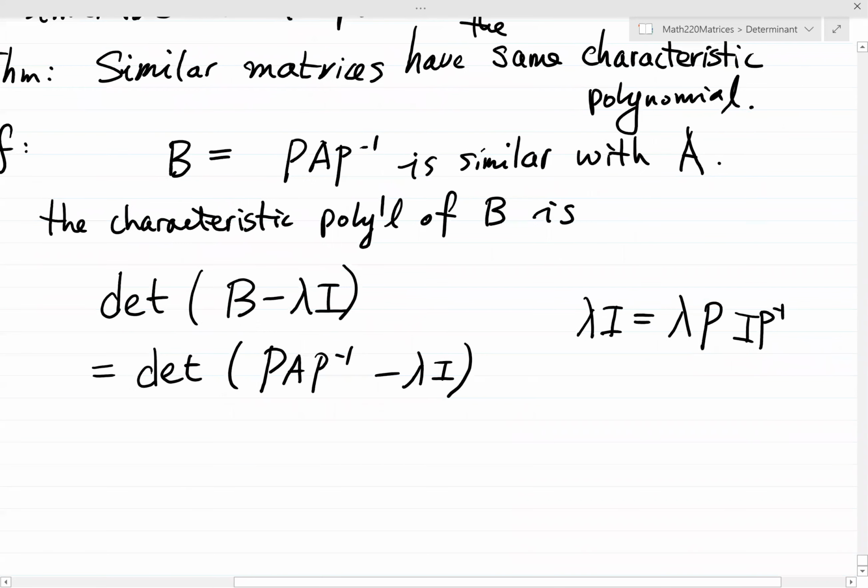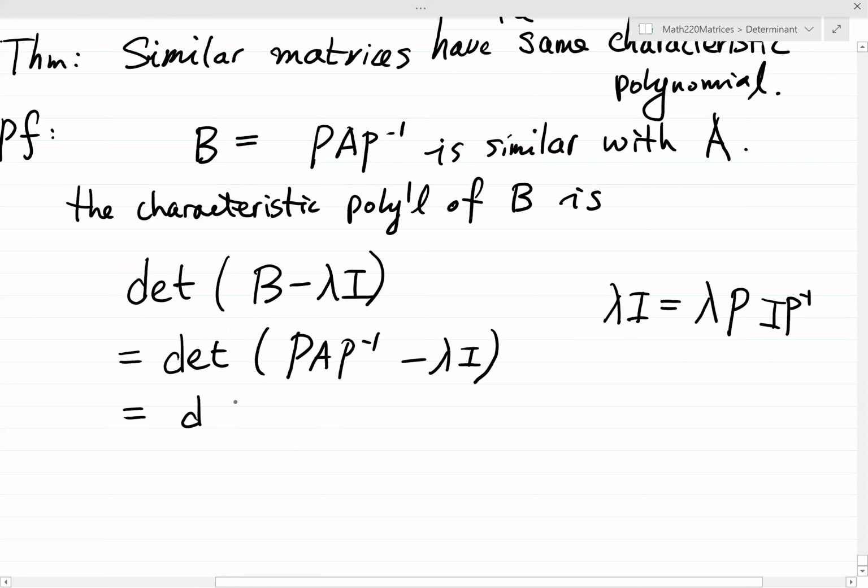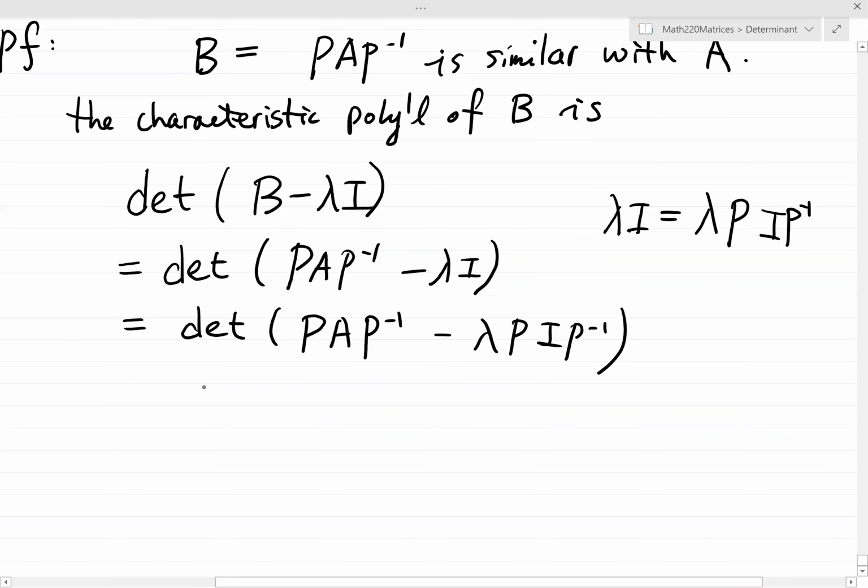So we can write the determinant of P A P inverse minus lambda P P inverse. Now you can write it in this form: the determinant of P times (A minus lambda I) times P inverse.